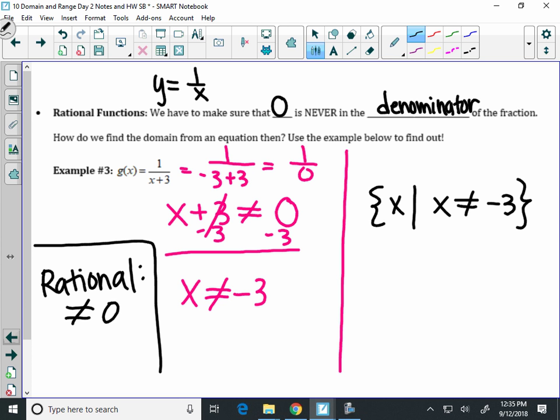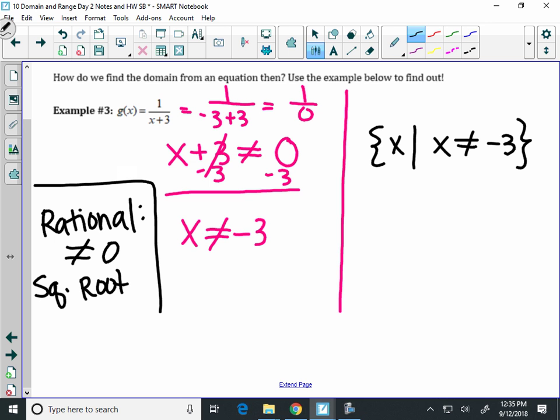The thing to remember, when you're using the square root functions, you're going to take your radicand greater than or equal to 0. You're going to compare both to 0, but 2 different symbols. Okay? That's what you need to remember for today.